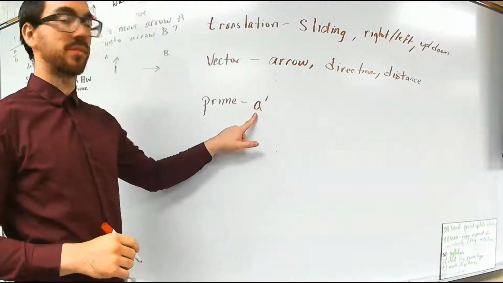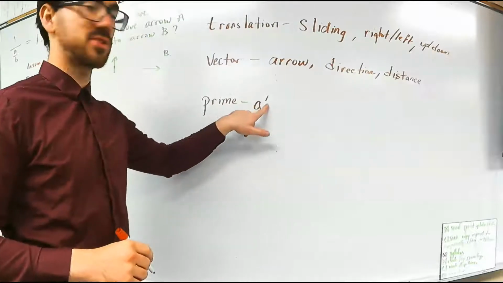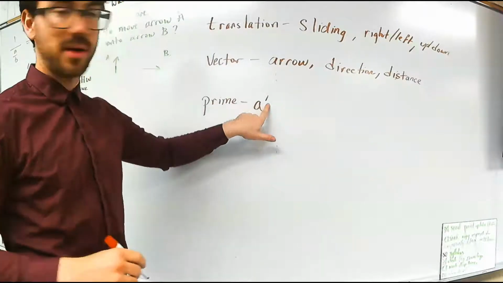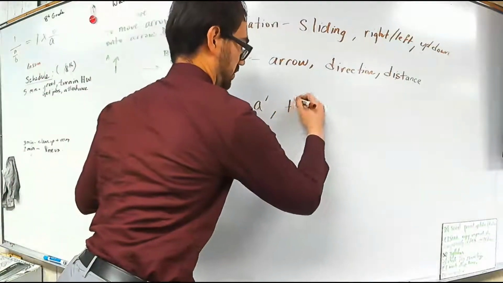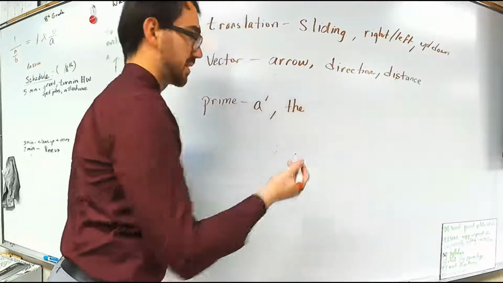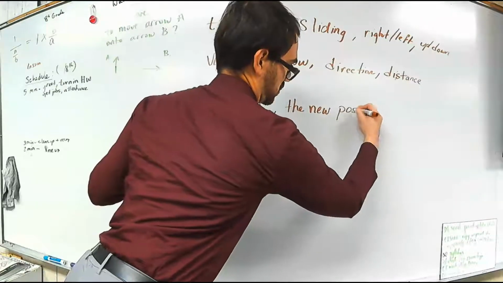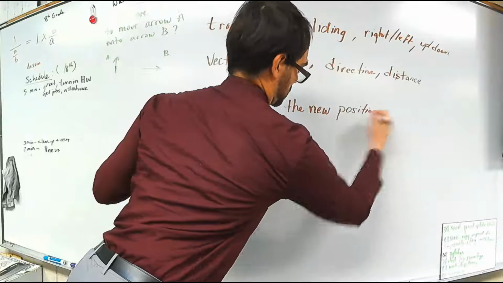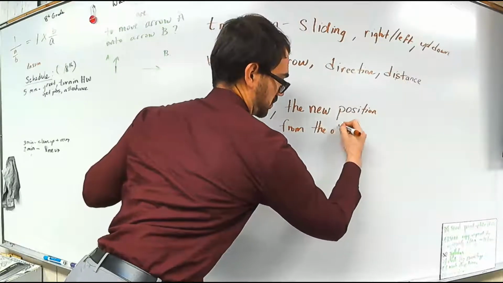If I want the prime of A, I would say A prime instead of A apostrophe, A prime. Okay, this apostrophe is called prime. The definition is, it tells us the new position from the old position.